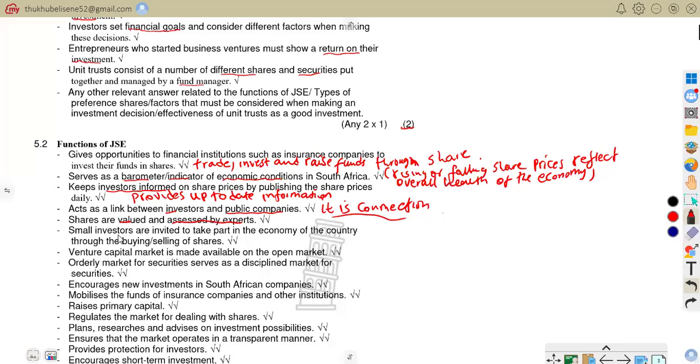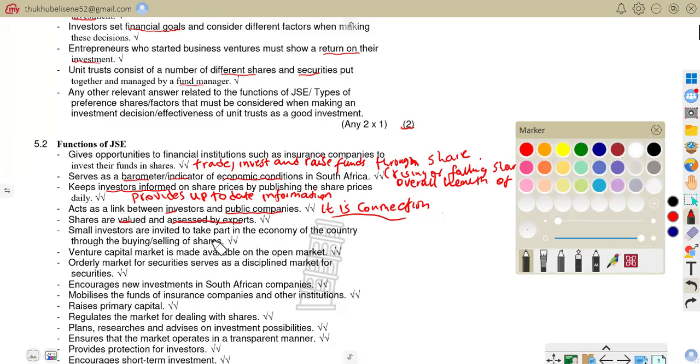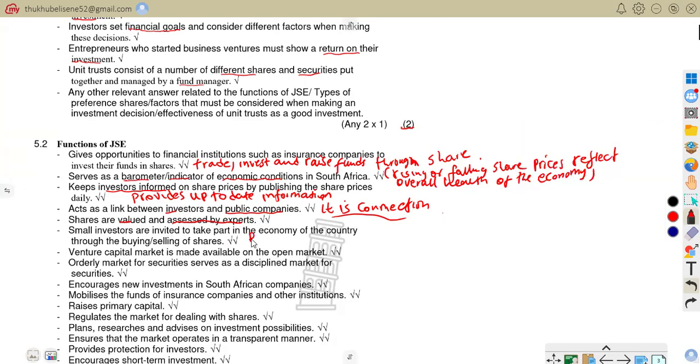What it means with this point is that small businesses are allowed to participate in the economy by buying as well as selling the shares. That is another function of the JSE.